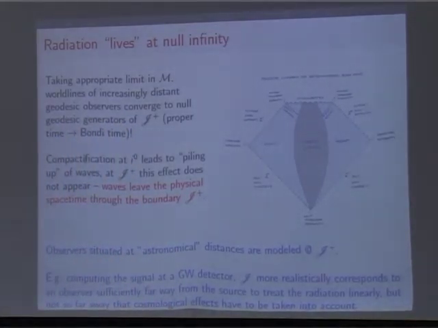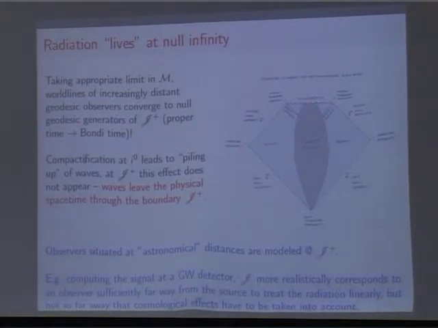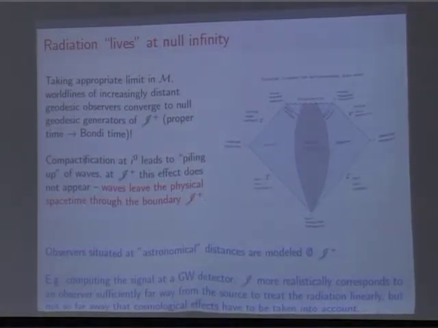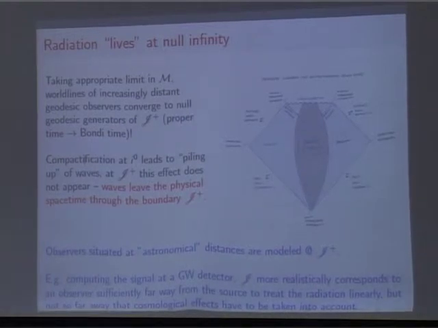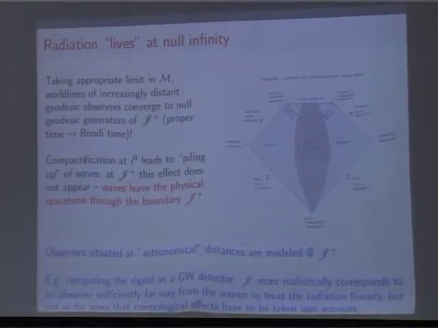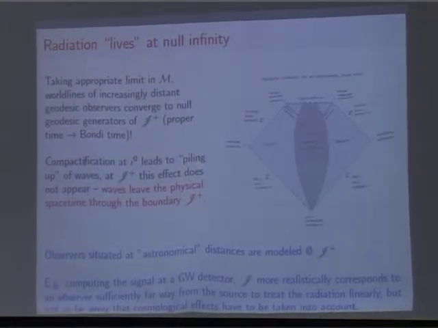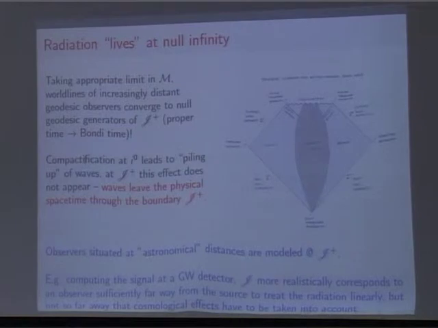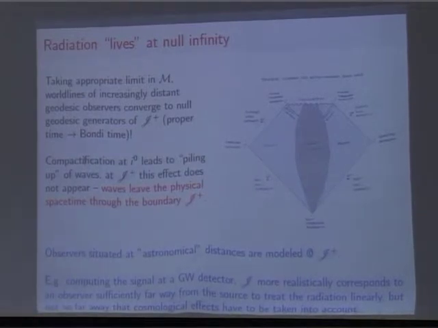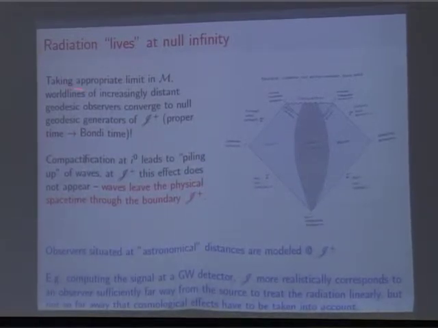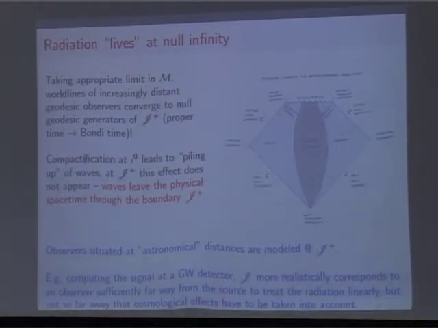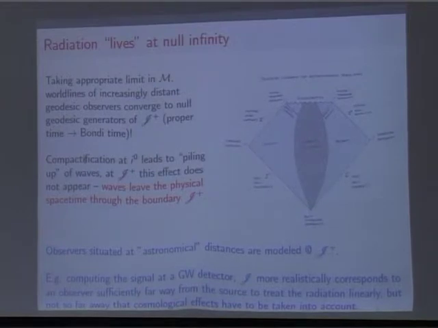So let's just review some of these key ideas again. Radiation, be it electromagnetic or gravitational, lives in this asymptotic region, null infinity. And actually, we can show that if we take the appropriate limit in this compactified manifold, if we have world lines of increasingly distant observers, just moving further and further out, then they converge.